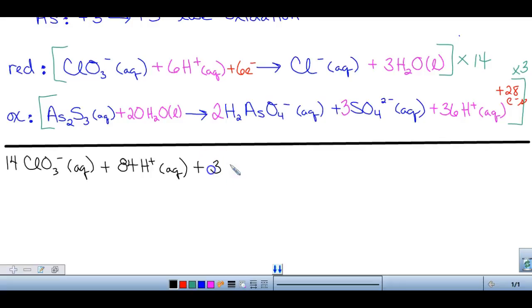So 3 of these, 60 water molecules. And then arrow, and I'm going to write the products on the next line simply because there's so many of them. Alright, so 14 chloride ions.